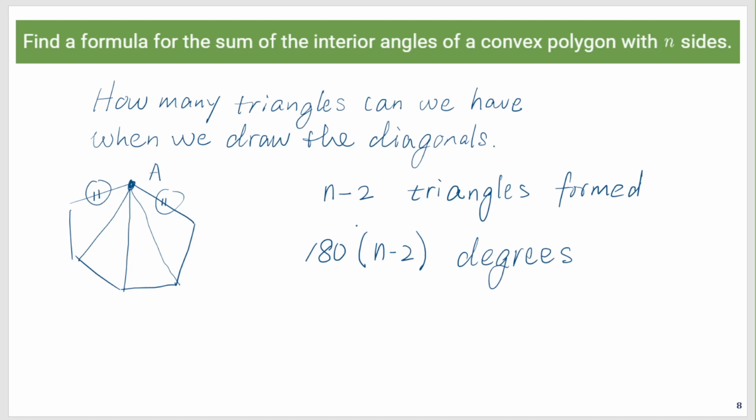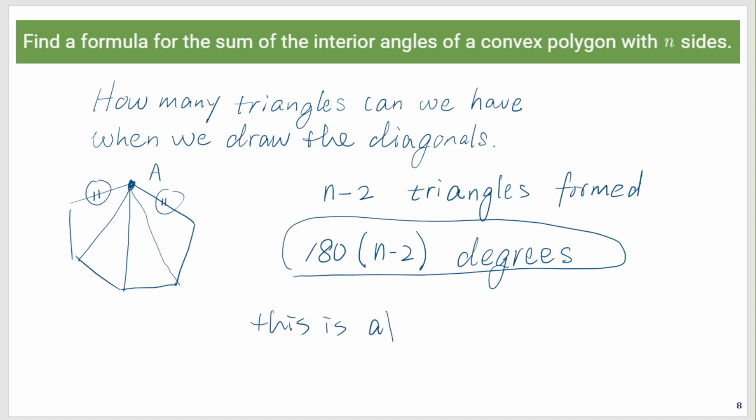Again, this is not a rigorous proof, but the result also holds if you write the rigorous statements. And actually, it's a little more complex to prove that this holds true for concave polygons as well. So this is also true for concave polygons.